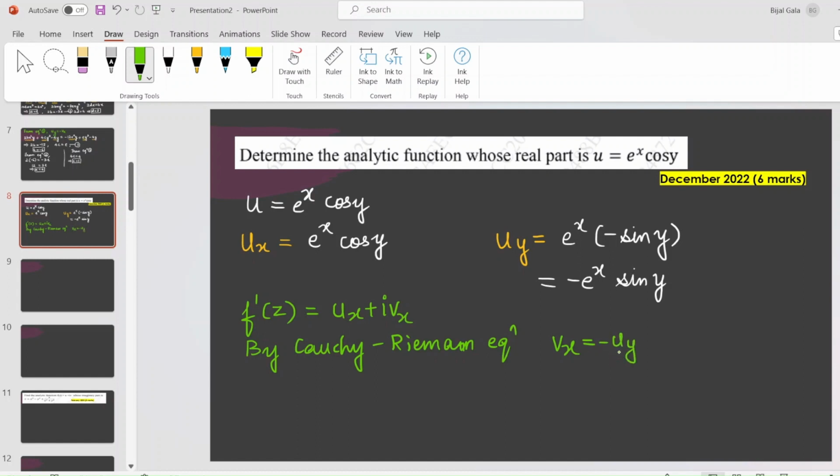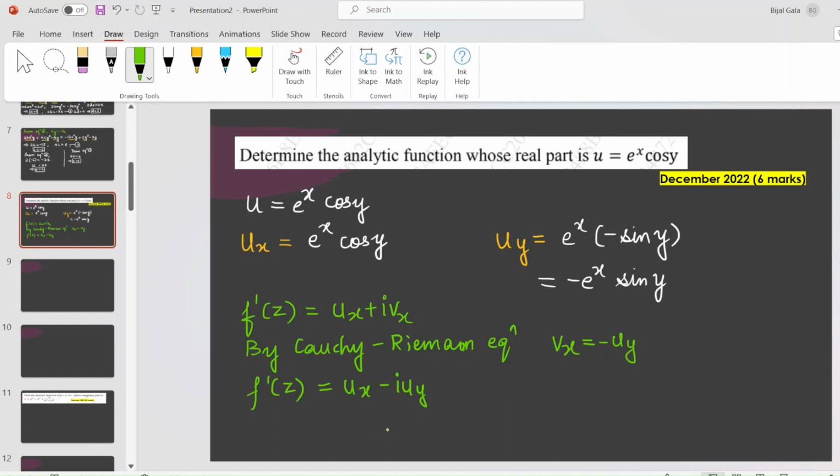We wrote uy is negative vx, so this time vx is going to be equal to negative uy, because we want vx in terms of uy. Is this okay? So now, once we have these values, I'll replace it back in f dash of z. So now my f dash of z is going to be ux minus i times uy. We are replacing vx with negative uy.